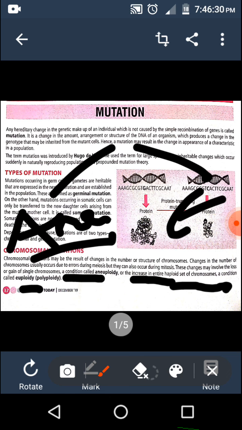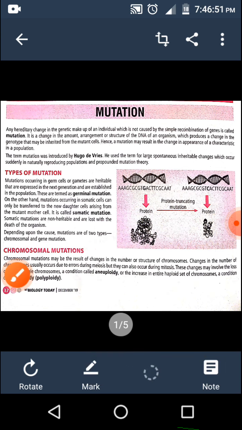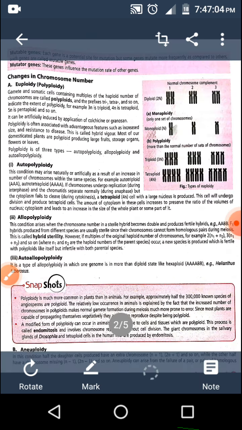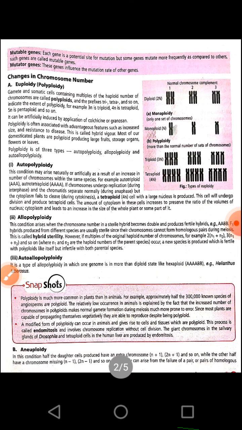So here aneuploidy will decrease or increase the number of the chromosome, or addition or deletion of one or more chromosome, or loss or gain of one or more chromosome is called as aneuploidy, whereas the euploidy, where there is an increase in entire haploid set of a chromosome, is called as euploidy. Next, we study in detail regarding these changes in a chromosome number.